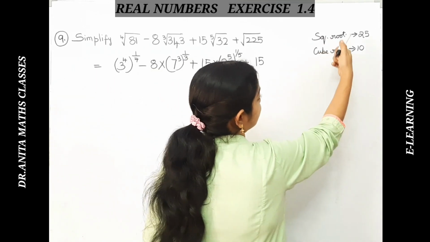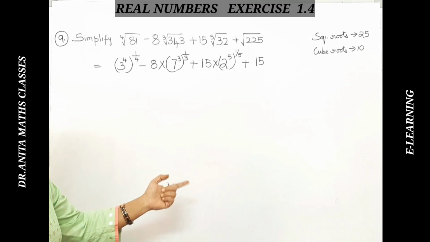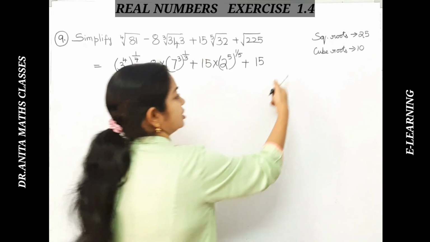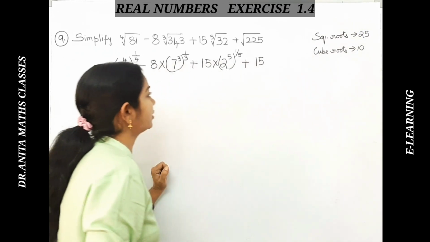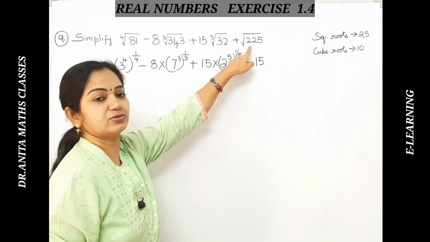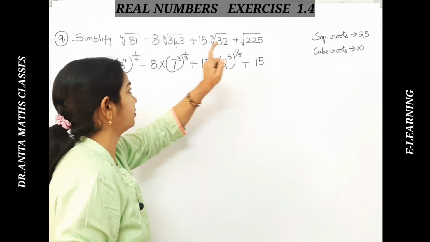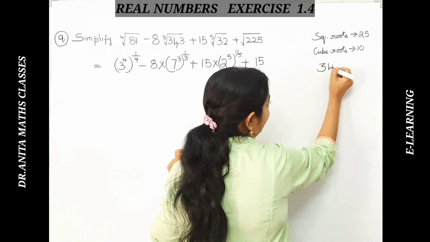And square roots till 25 numbers. 25 square is 625, like that. 15 square is 225. So if you learn square roots and cube roots, it will be easy for you. Now here 343 and 32 we can know. 225 also, it is the square of 15. 343, if you don't know, just go for the prime factorization.